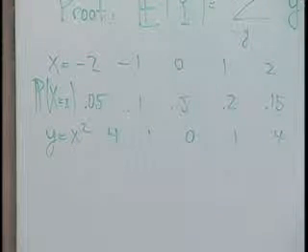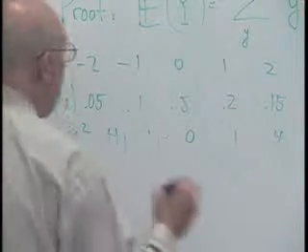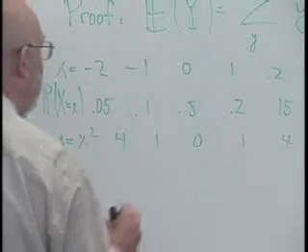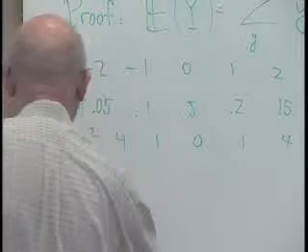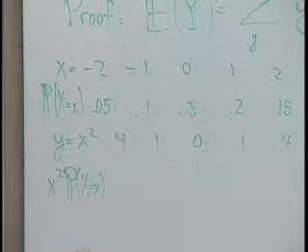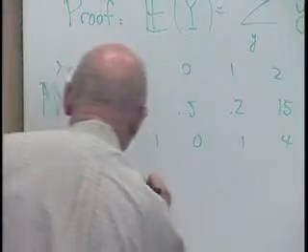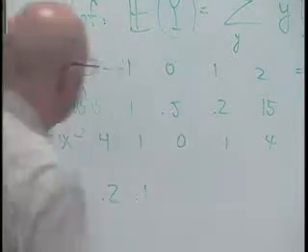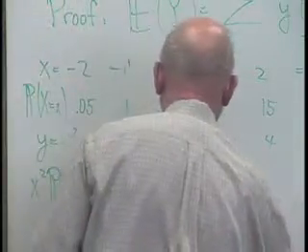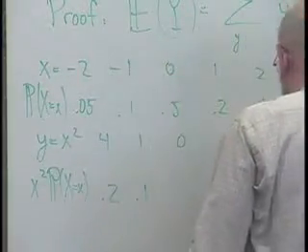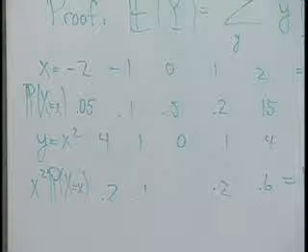And now I can use this formula. If I use this formula, it tells me to proceed as follows. It says to take g of x, which is x squared, times the probability that x achieves that value, which means 4 times 0.05 for 0.2, 1 times 0.1 for 0.1, 1 times 0.2 for 0.2, and 4 times 0.15 for 0.6, and add them all up to get 1.1 as the expectation of x squared.